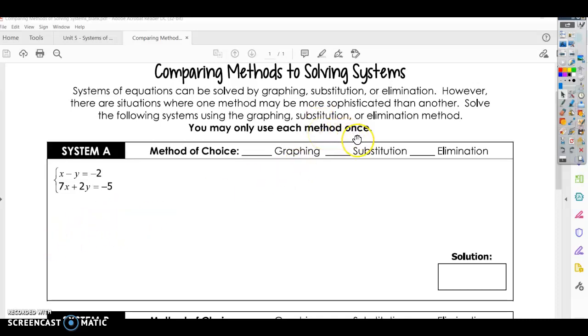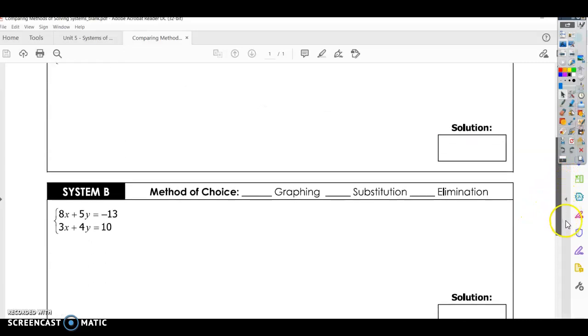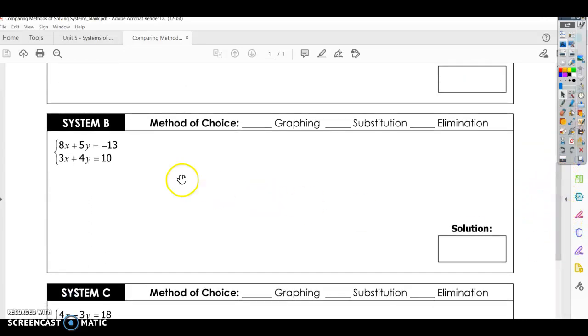So since we can only use each method once, let's go ahead and look at our equations first before we decide what we're going to do. So for system A, we have x and y by itself on the first equation, so that's good to know. That probably leads more towards graphing or substitution. Let's look at our next equation. This one has coefficients in front of all the variables.